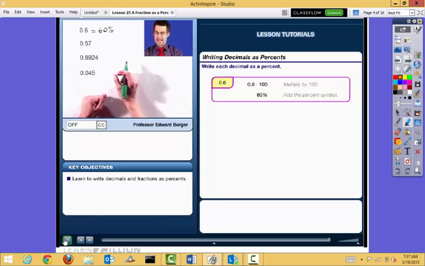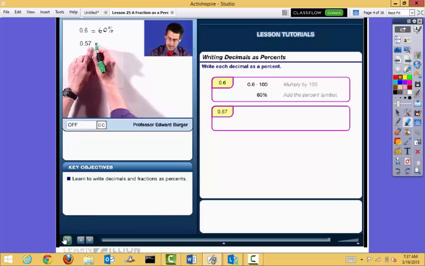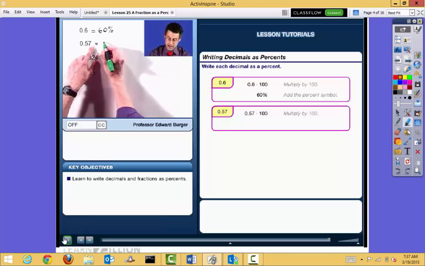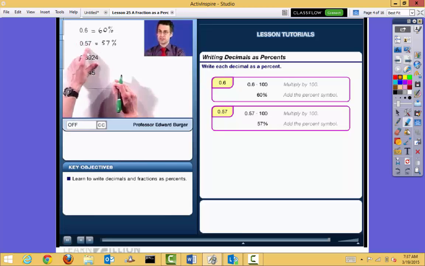A little more than half, a little more than 50%. What about 0.57? Multiplied by 100, move the decimal 2 places over to the right, and we see 57%. Closer to 50%, but a little bit more. Notice this number is closer to 0.5, but a little bit more than 0.5.